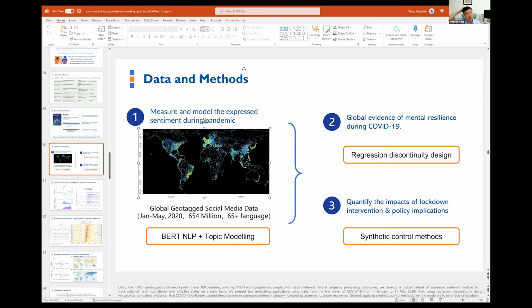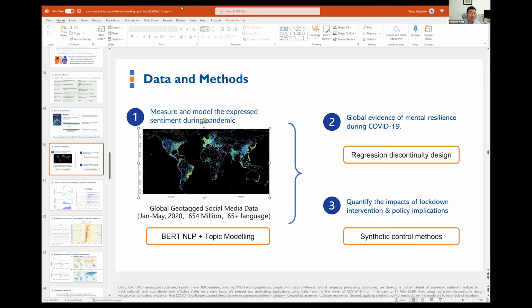I like this question because that's one promising direction in computational social science. That is to combine both the traditional survey data and the social media online big data.